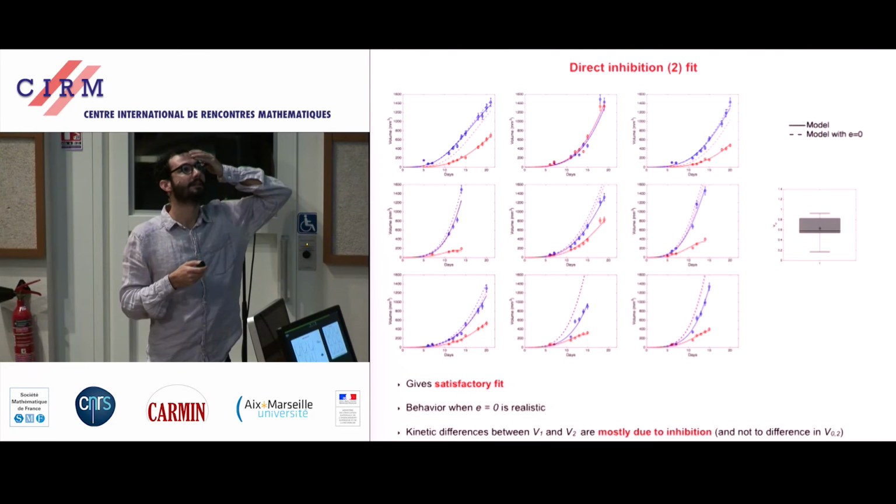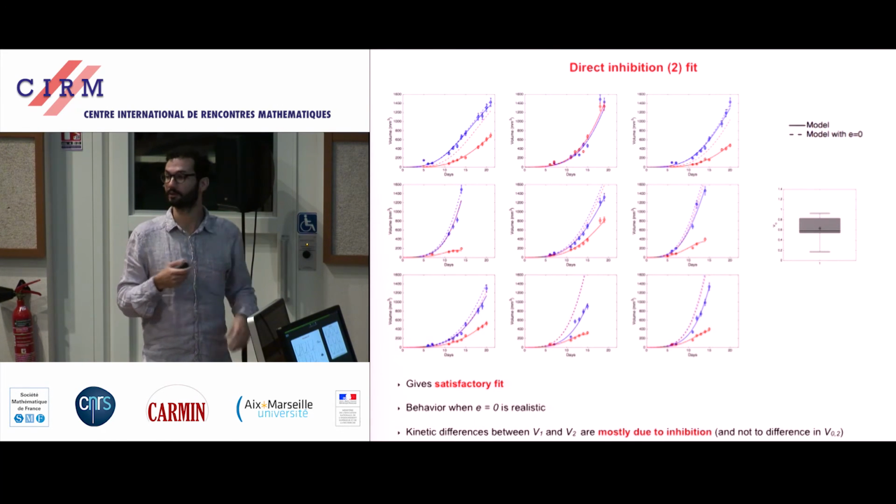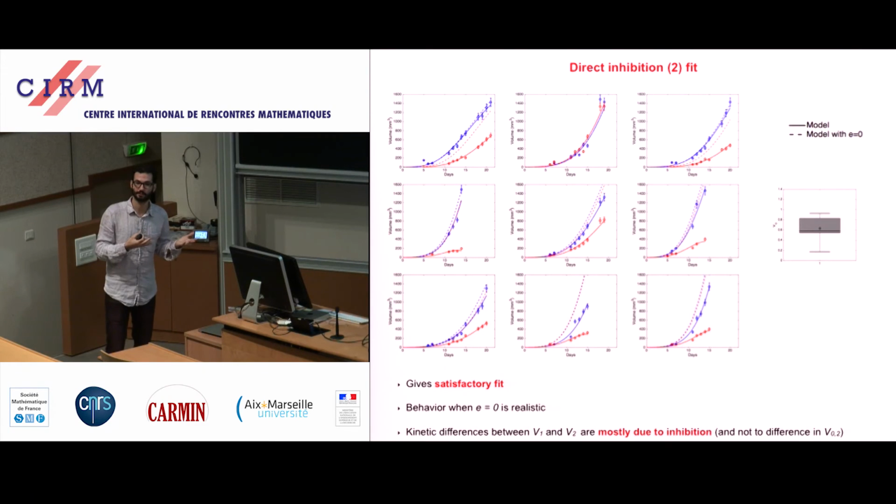And the dotted curves are the curves when E is equal to 0. So you reproduce some realistic curves that could be the control curves with E equal to 0. And with E non-zero from the fits, you have this difference in inhibition.